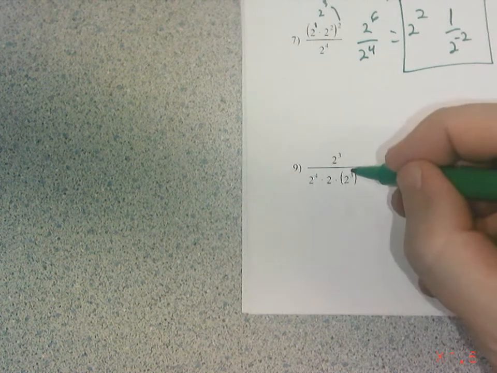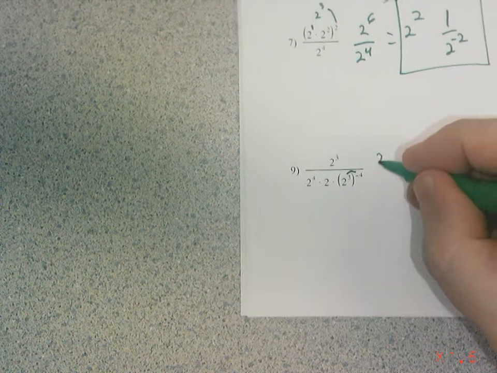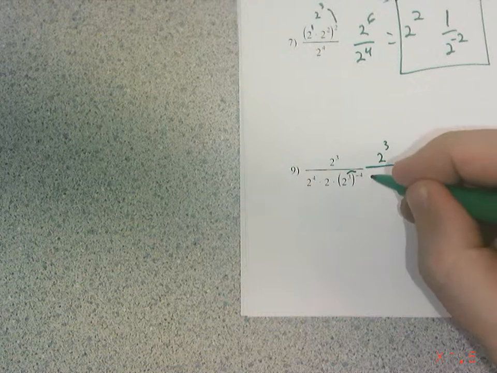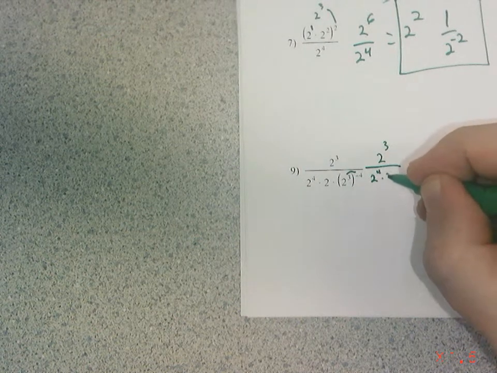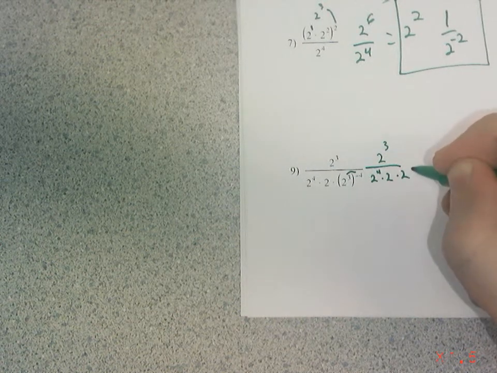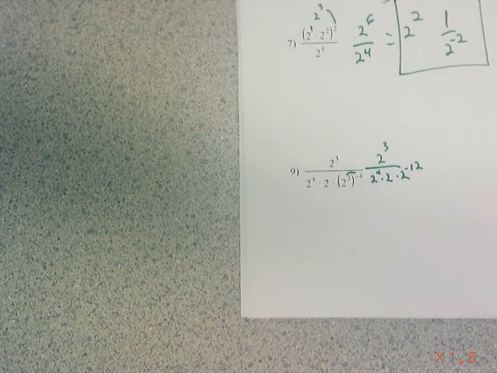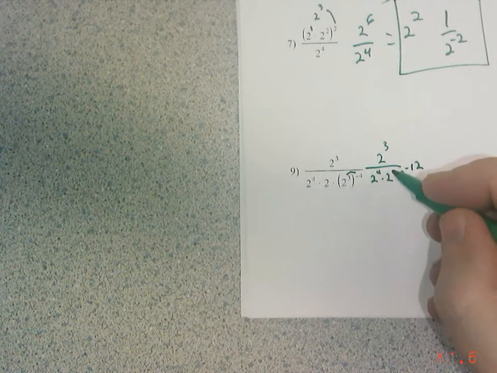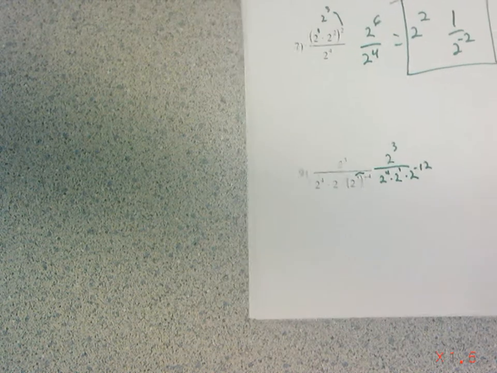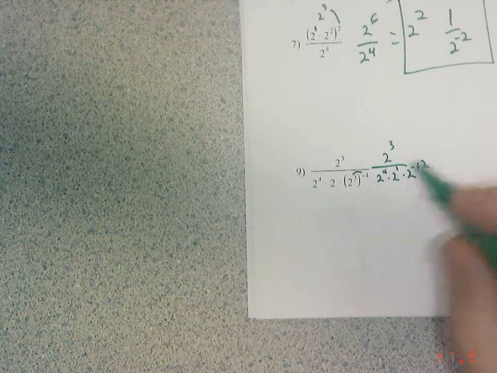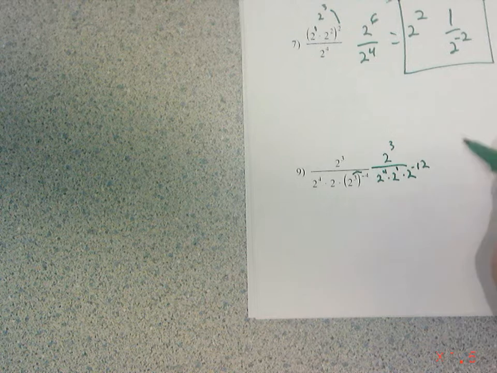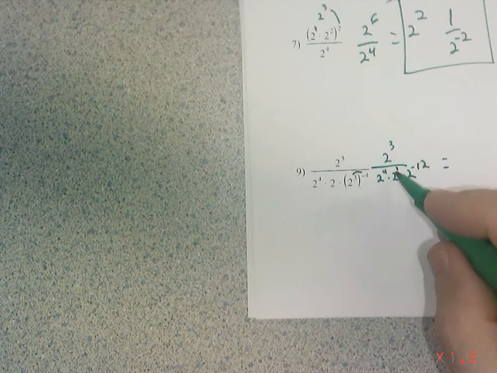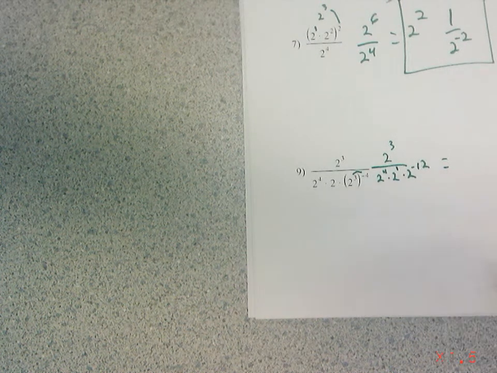So we multiply those. We're going to get 2 to the third over 2 to the fourth times 2 times 2 to the negative 12. Okay, now we're going to do the multiplying. So 2 to the fourth times 2 to the 1, technically, times 2 to the negative 12. So we're just going to add all these because they're multiplying. So 4 plus 1 is 5, plus negative 12 would be negative 7.